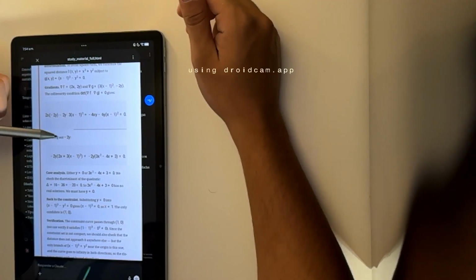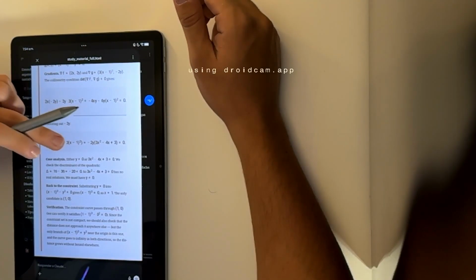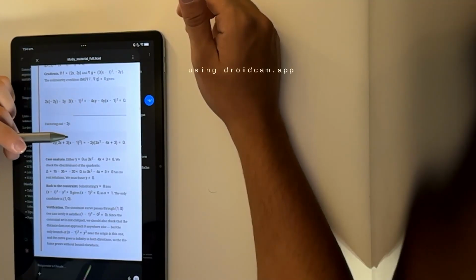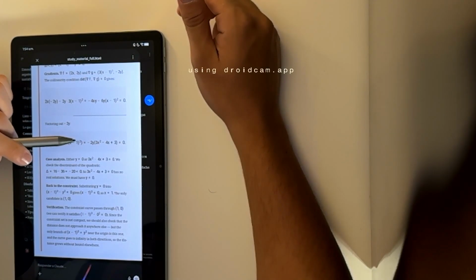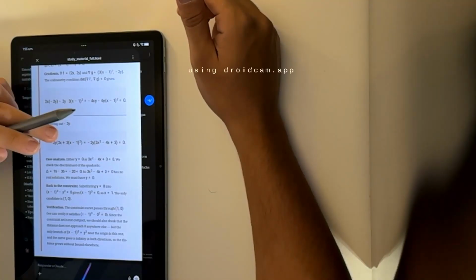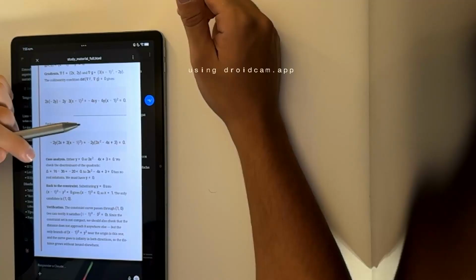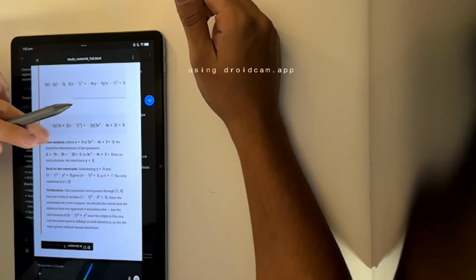Factoring out minus 2y, it leaves us minus 2y times (3x squared minus 4x minus 3) equals 0.